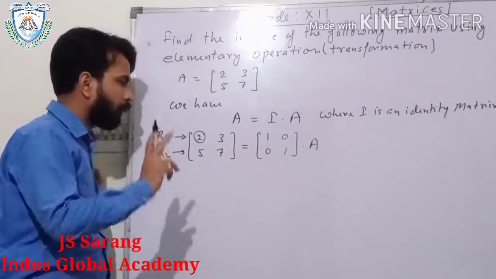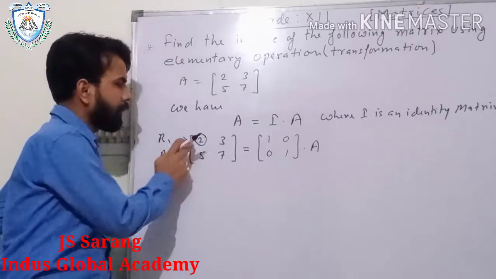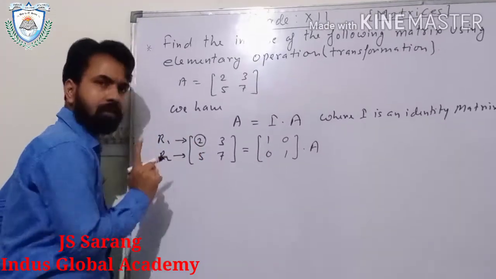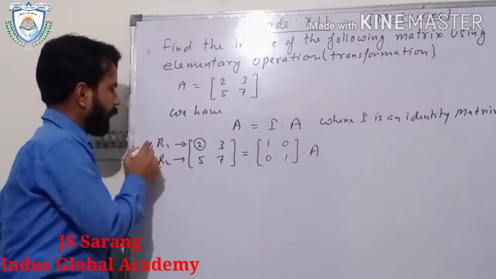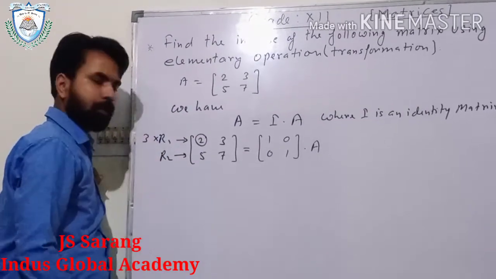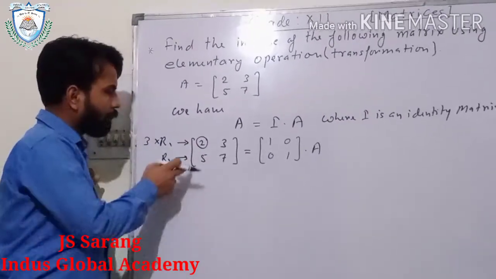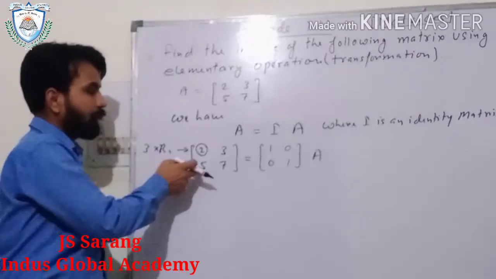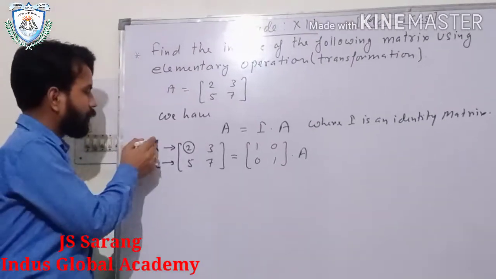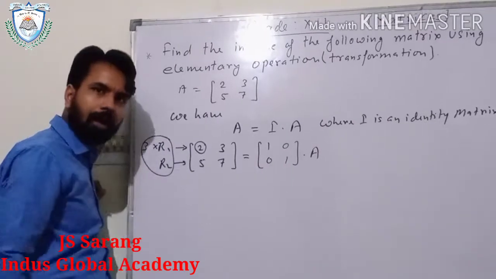Understood? So if we multiply R1 by 3, 3 2s are 6, minus 5 means R2, 6 minus 5 gives you 1. So the operation will be 3R1 minus R2.